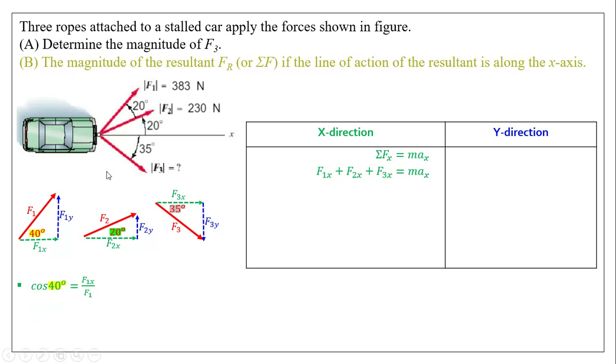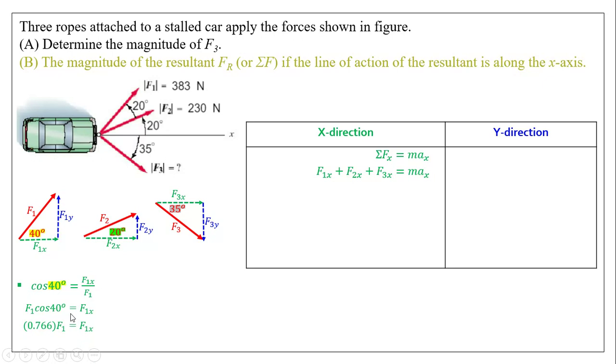According to the first triangle for F1, cosine of 40 is adjacent, aka F1x, over hypotenuse. Hypotenuse in this case for this triangle would be F1. So here I have cosine is adjacent over hypotenuse, which is F1x over F1. If I were to solve for F1x, I can just multiply both sides by F1. So here I just moved F1 to the numerator: F1 times cosine of 40.